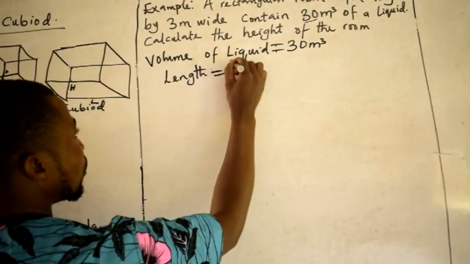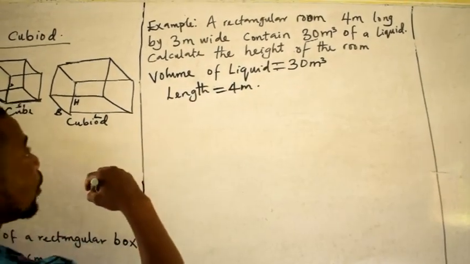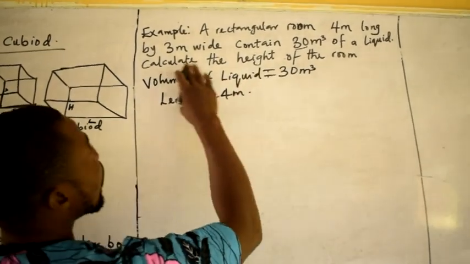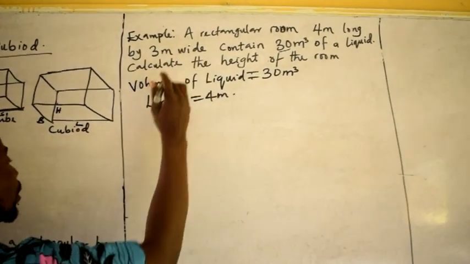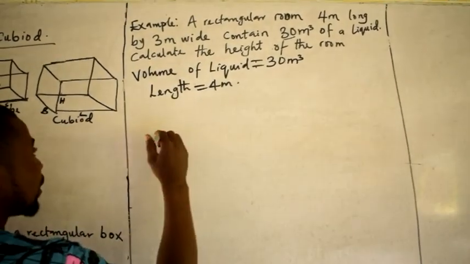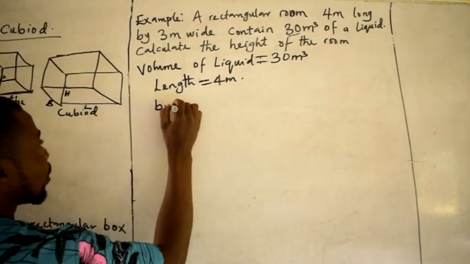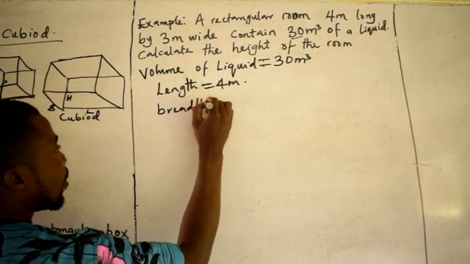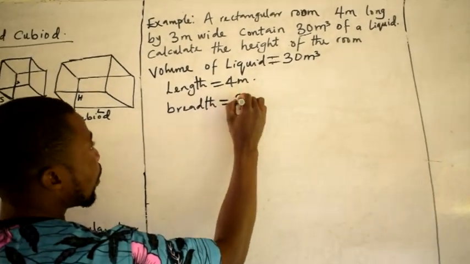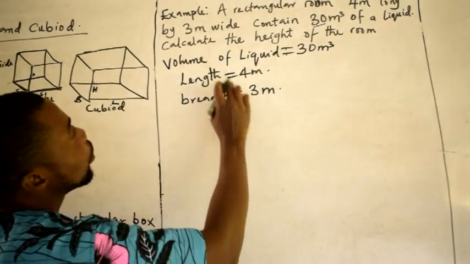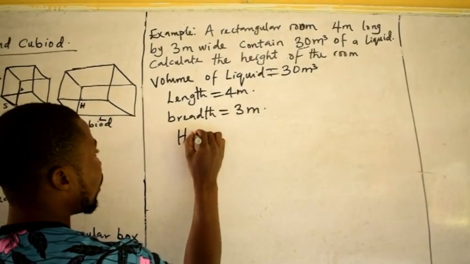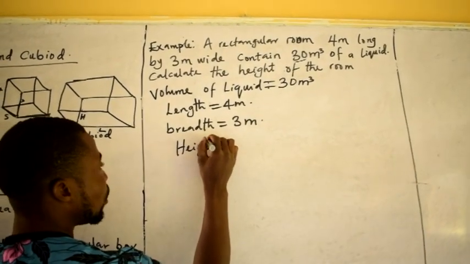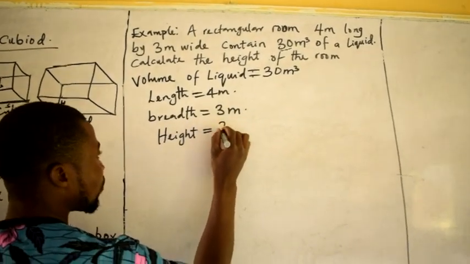And the breadth, that is the width, how wide it is, is 3 meters. We are asked to calculate the height of the room. Height is what we want to calculate.